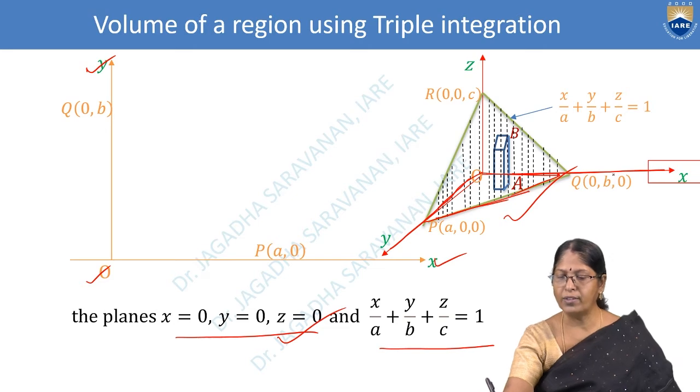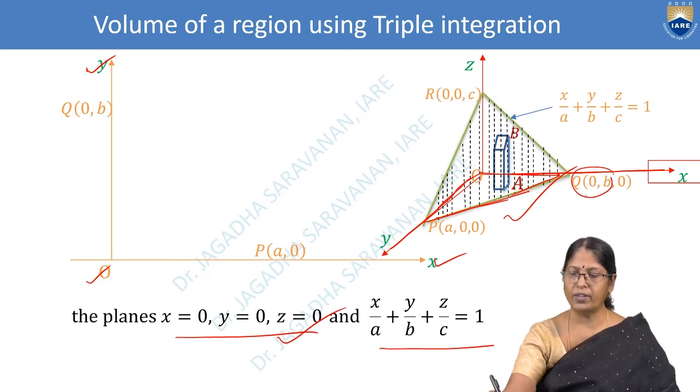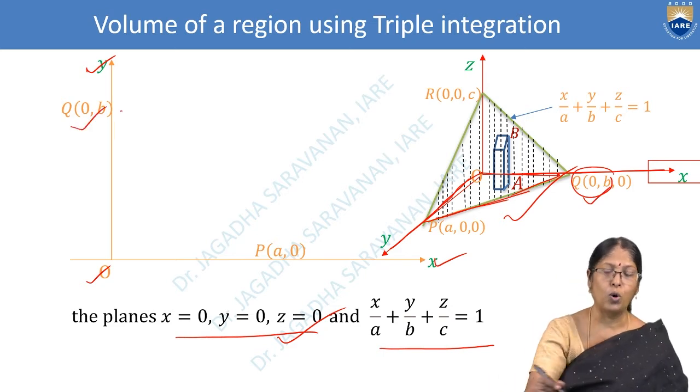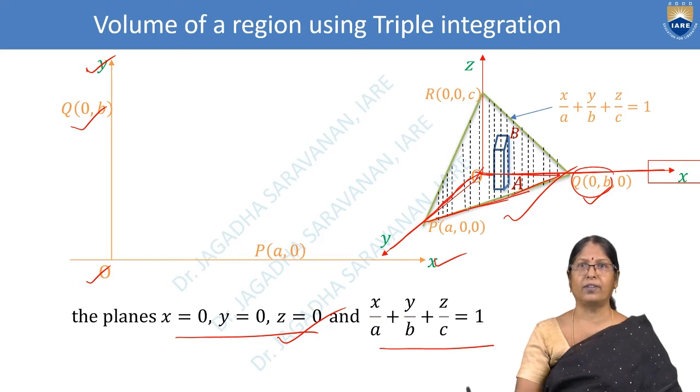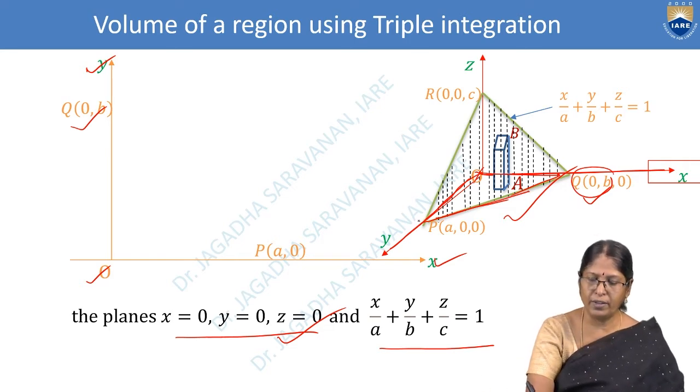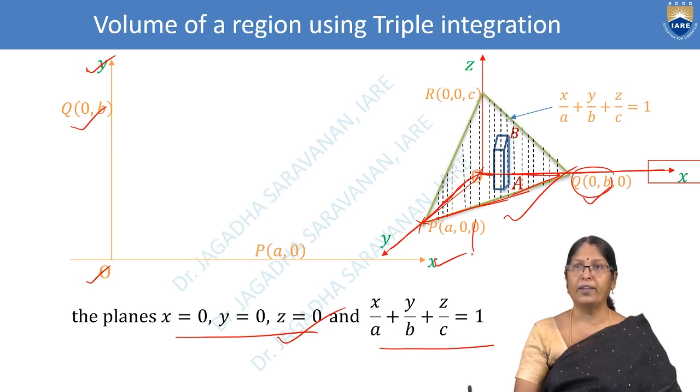Here we are considering only X and Y, that is the reason for Q of 0, B. There is no connectivity of the Z axis here, and here for P the Z coordinate is neglected.